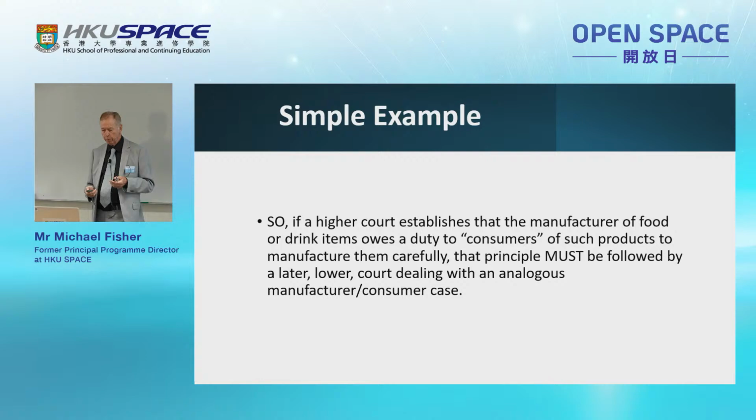A simple example: if a higher court establishes that the manufacturer of food or drink owes a duty to the consumers of such products to manufacture them carefully, that principle must be followed by a later lower court also dealing with an analogous manufacturer and consumer case. This is supposed to produce certainty in the law, because the highest court has said this, it must be the law and it has to be followed.